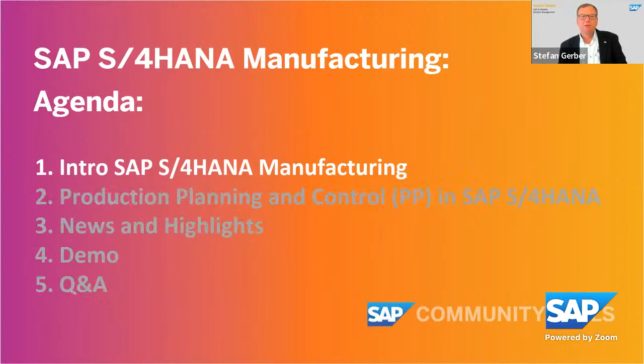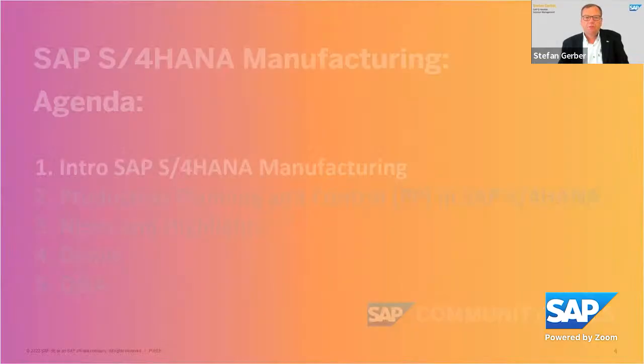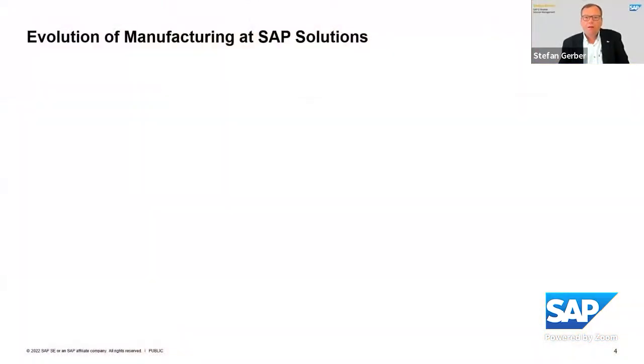The first part, intro into SAP S4HANA manufacturing. We actually had in R2 already manufacturing functionality. At that time, it was still called PPS, Production Planning and Steuerung in German. So it was already integrated into the logistics modules from procurement, from inventory management, from sales, and so on.